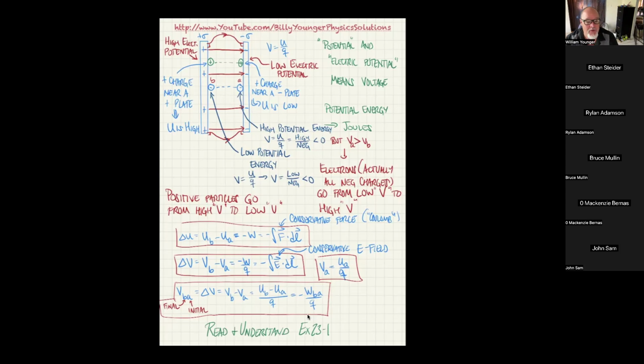Okay. Now, the good news about this voltage thing is life is a lot easier with it. For instance, I can calculate the voltage due to a point charge, just like I calculated the electric field due to a point charge. Remember, that turned out to be Q over 4 pi epsilon naught R squared.